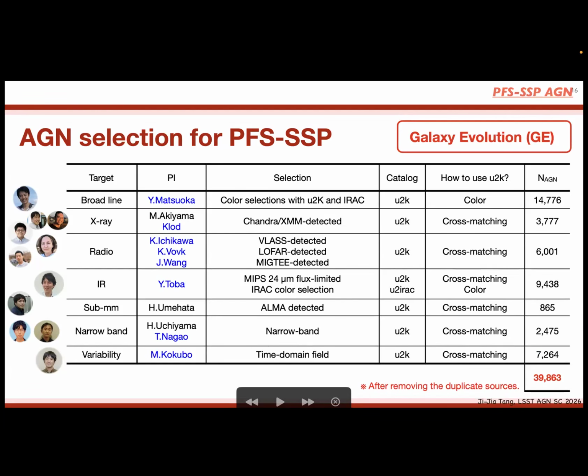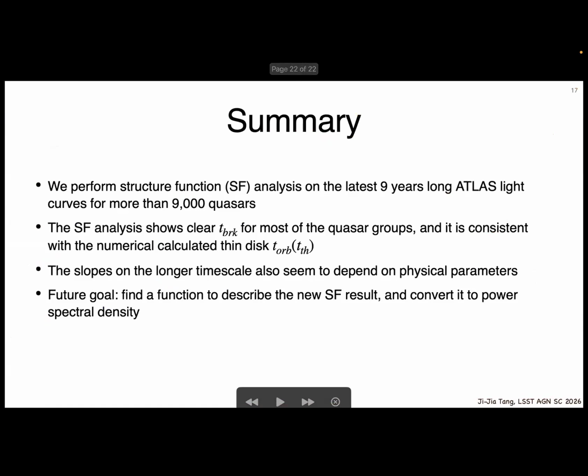I think this sample is very useful to study their variability using LSST data. But we have to think about the overlap region, because one is in the northern hemisphere, one in the southern hemisphere. So I think that's my summary, and I'll leave it there and take questions. Thanks for listening.